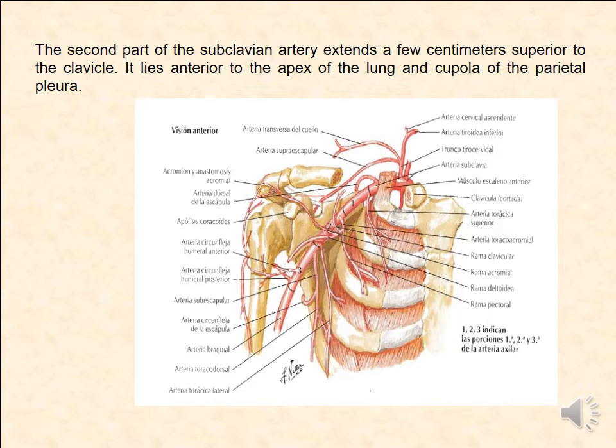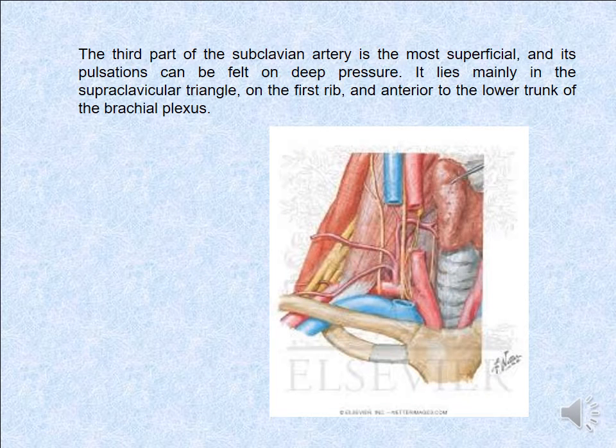It lies anterior to the apex of the lung and deep to the parietal pleura. The third part of subclavian artery is the most superficial, and its pulsation can be felt on deep pressure. It lies mainly in the supraclavicular triangle on the first rib, anterior to lower trunk of the brachial plexus.